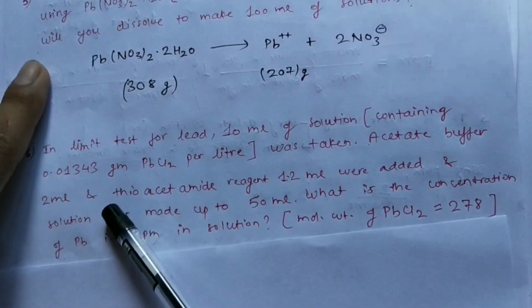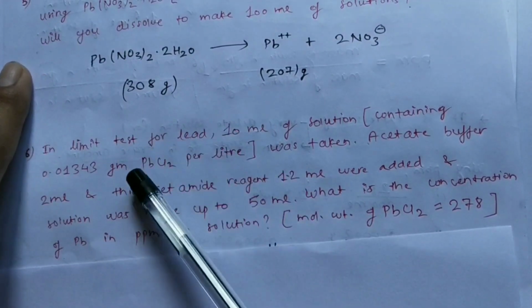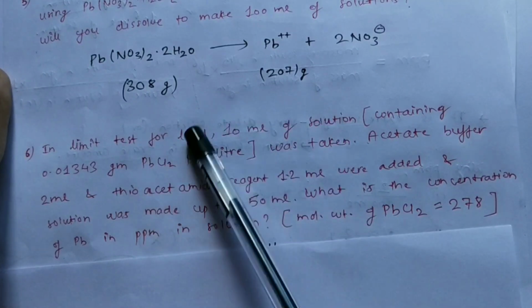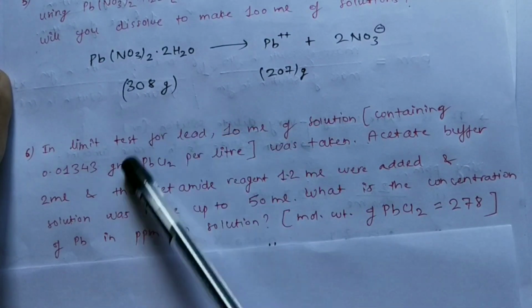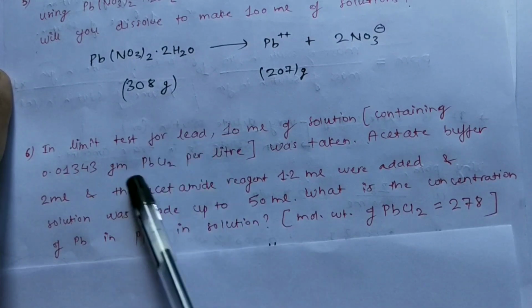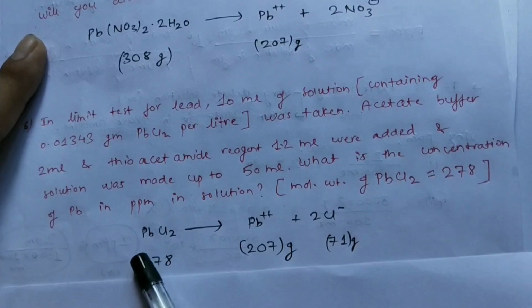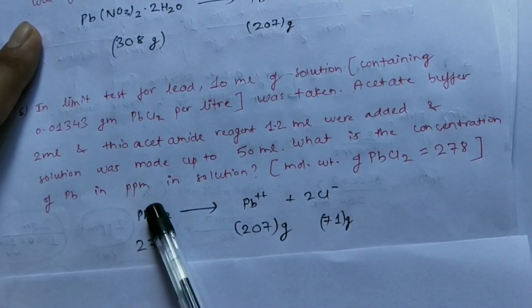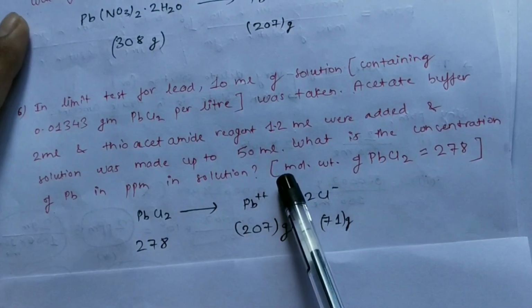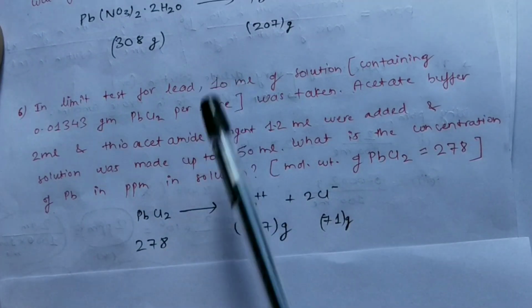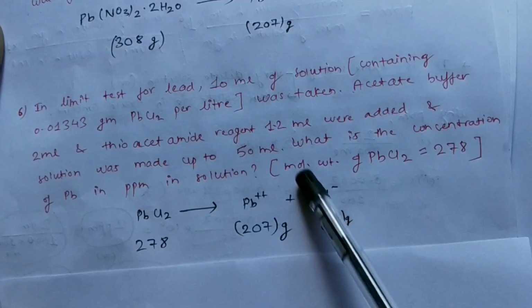So first let us find out in 10 ml how much PbCl2 will be present. Then from the equation of PbCl2, this reaction, PbCl2 will dissociate. 278 gram of PbCl2 will give 207 gram of Pb++. From there you will get in 10 ml how much Pb++ is present.